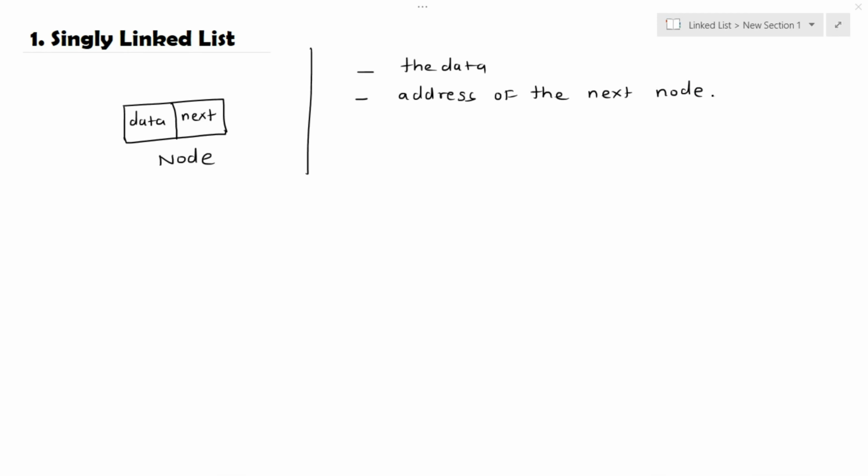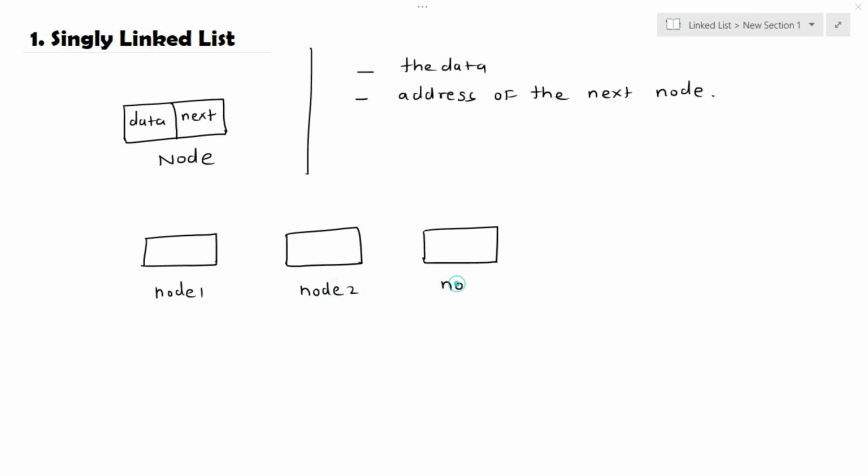Now let's see how to connect multiple nodes in a linked list. So let's consider the number of nodes here. This is node 1, then node 2 and this is node 3. Now each node contains 2 buckets.